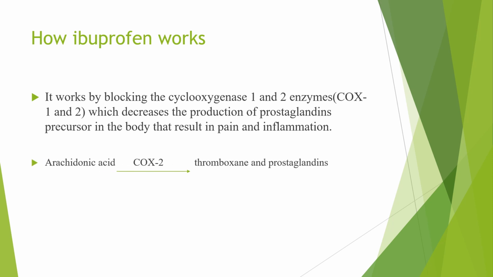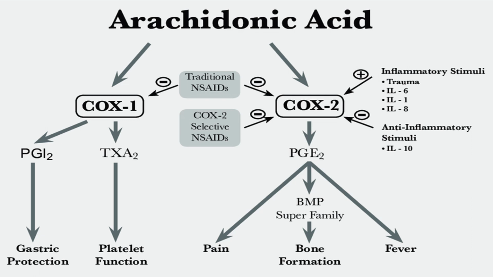So from our diagram, you can clearly see that cyclooxygenase is required to convert arachidonic acid into thromboxane and prostaglandins. Now thromboxane plays a role in platelet adhesion.